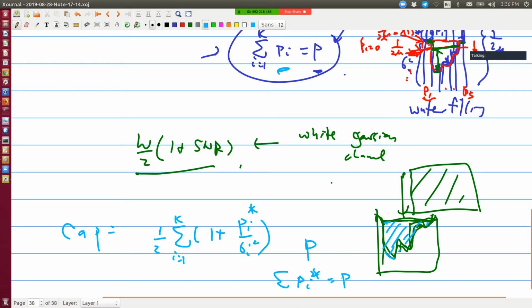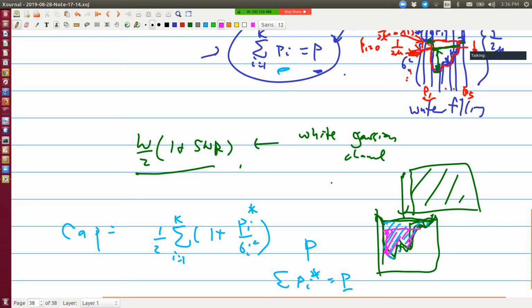So when you decrease P, you will lower the level. Maybe if I decrease the power, now I have a level like that, and this is the total power now. Then you have a different set of Pi, so now P1 is still 0, and P2 is something like here.